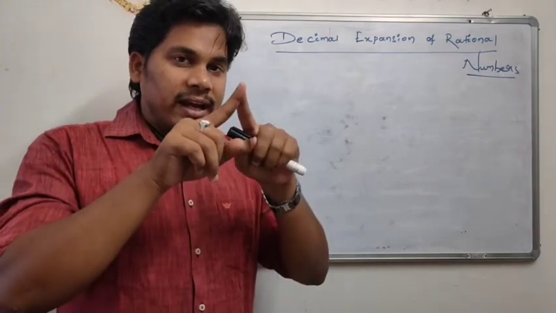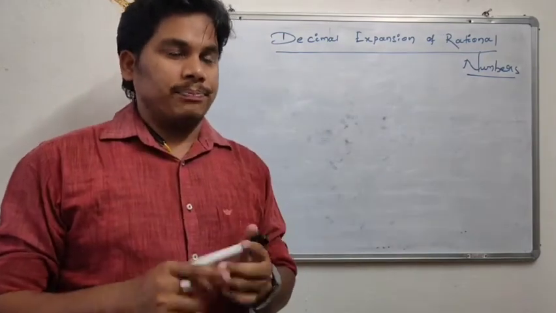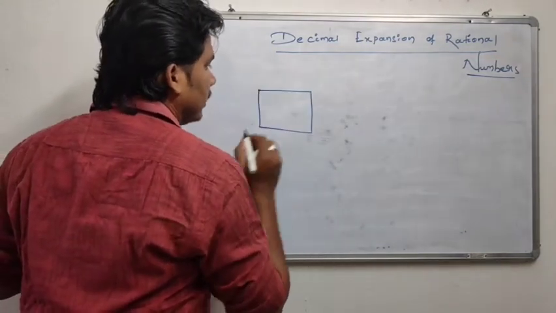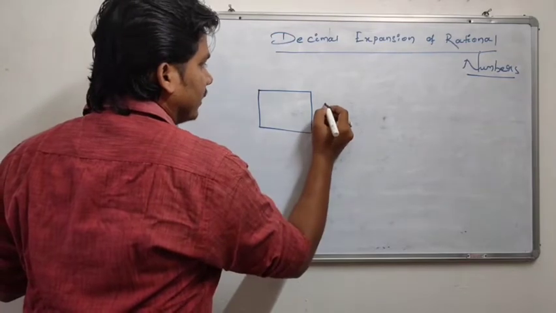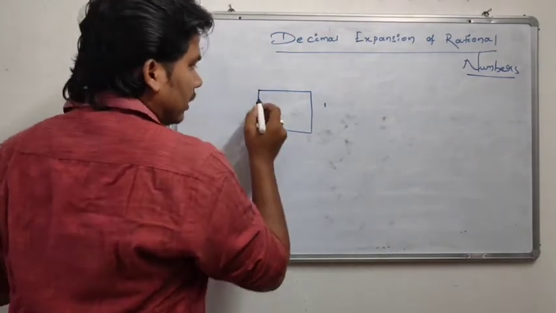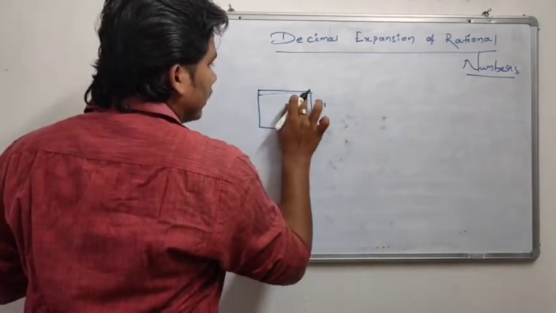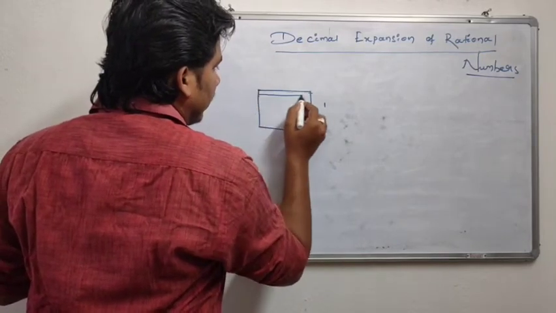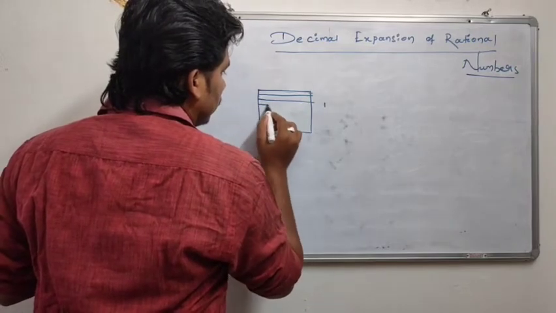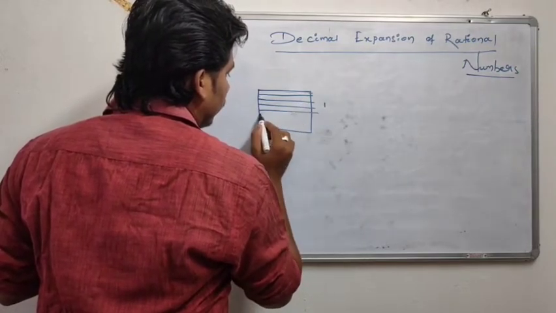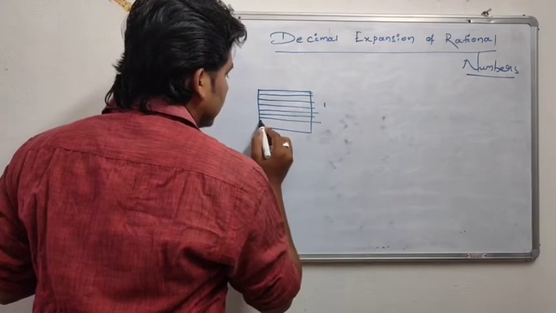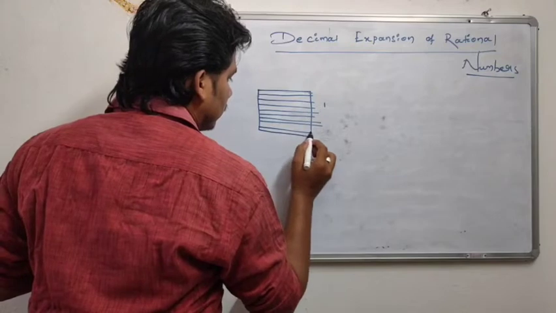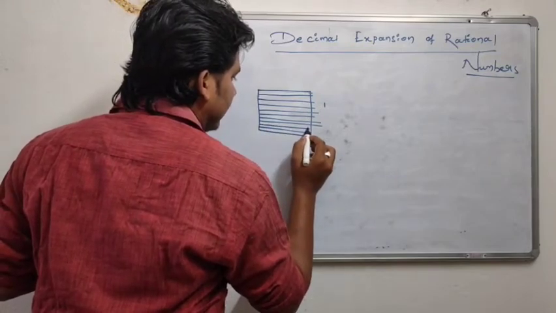Then it will be divided as one part into 10 parts. Let's say this is a part. If I say the entire one is one part, and if I divide this part into 10 equal parts, let's take this as part 2, 3, 4, 5, 6, 7, and let's think this is 8, 9, and 10.